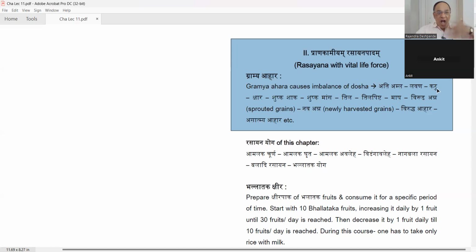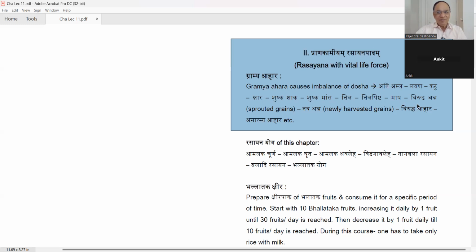Katu, very, very spicy, pungent. Kshara, alkali. Shushka shaka. Shushka mamsa, that means not quality meat. Tila, sesame oil or sesame paste, tilapishta. Masha, black gram, udid. In Marathi we call it udid, urdachi dal. What is udid vade? That is masha.